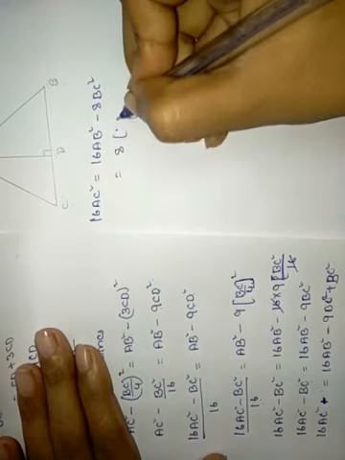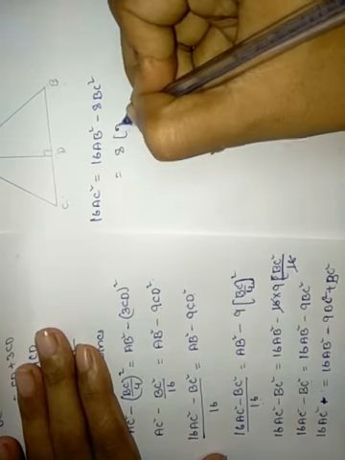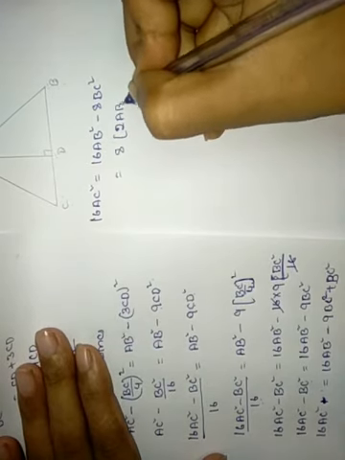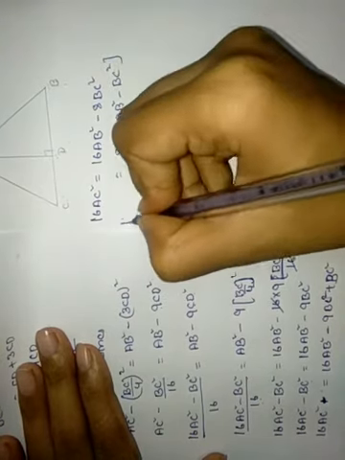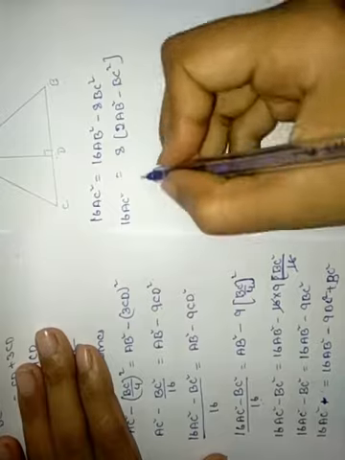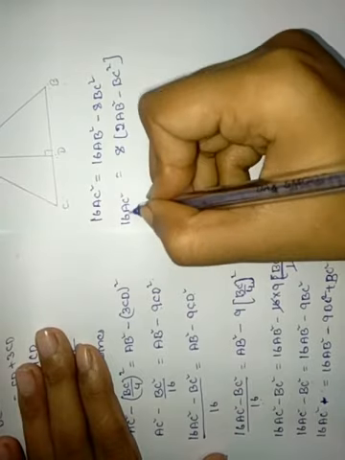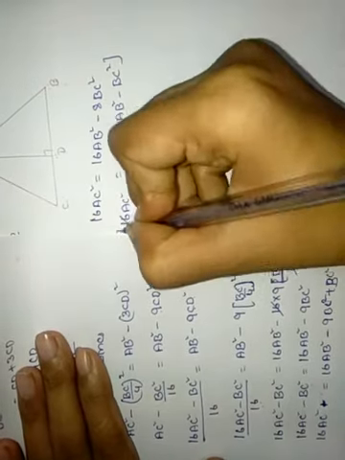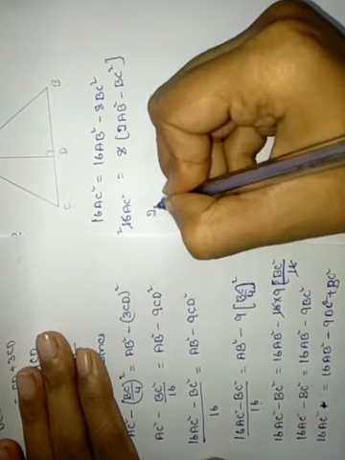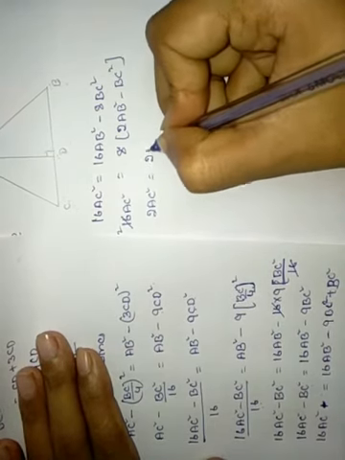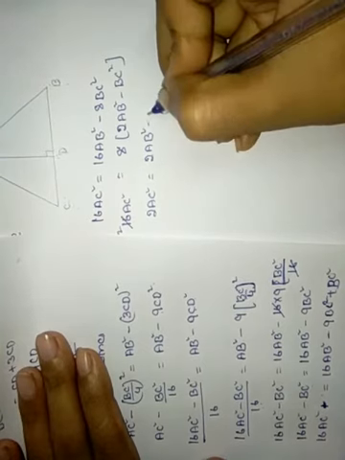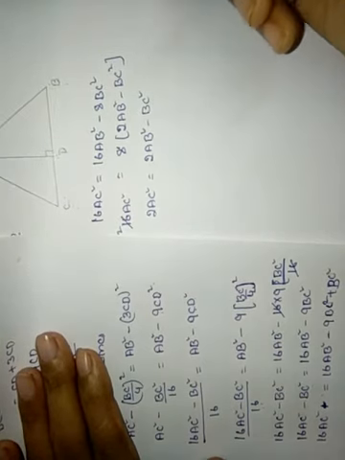After taking 8, remaining 8 2s are 16 AB square minus BC square. This 16 AC square we'll keep as it is. This 8 and 16 will get cancelled. 8 2s are 16. So 2 times AC square is equal to 2 times AB square minus BC square.